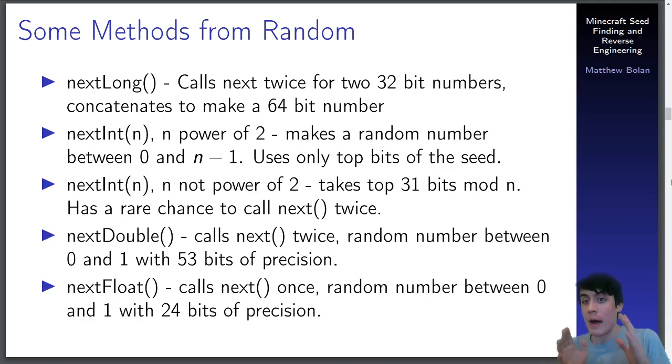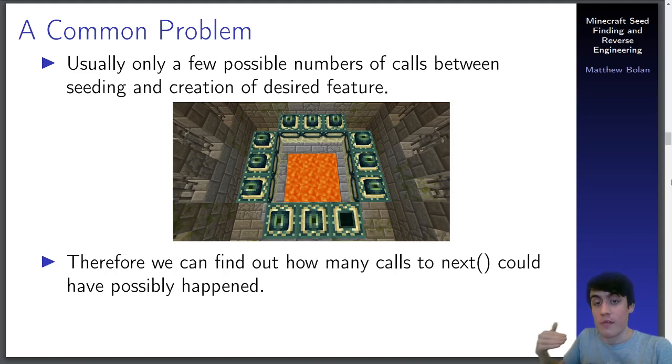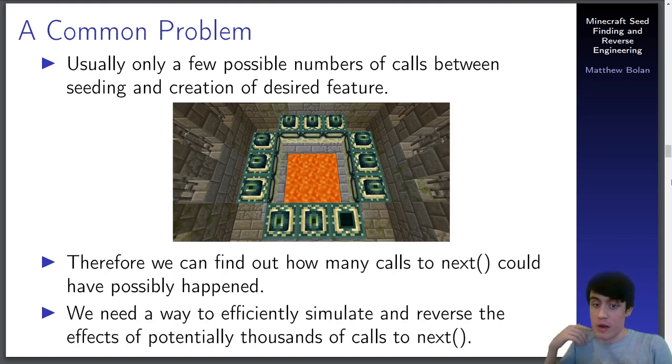All of the most common ways that you're getting random numbers out of JavaRandom are almost entirely predictable in how much they use JavaRandom, how much they're going to update that internal seed. And so that's a really essential fact about the way that Minecraft is programmed. But even if you have that count, it's very expensive to simulate all of it.